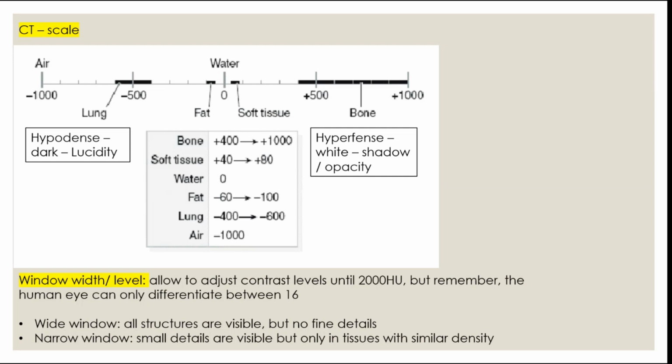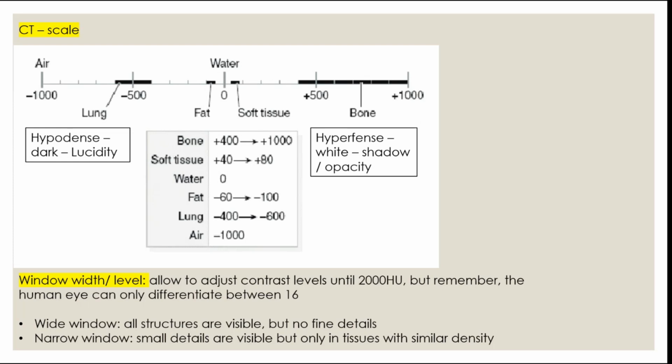With a wide window, we can see all structures, but with very bad details. And there's a narrow window where we can see small details only, but with tissue of the same density.